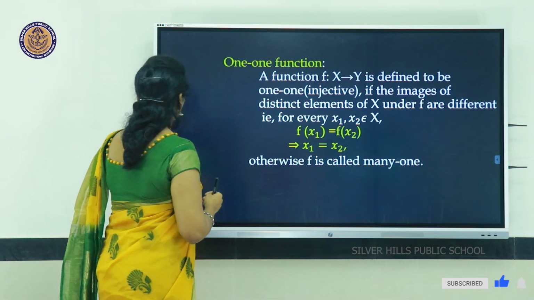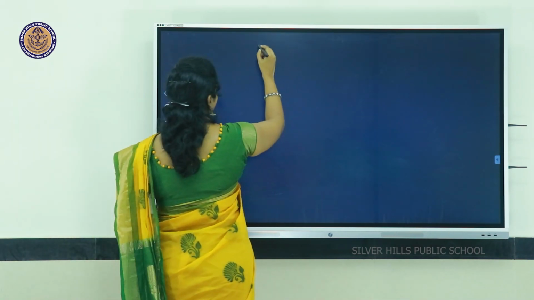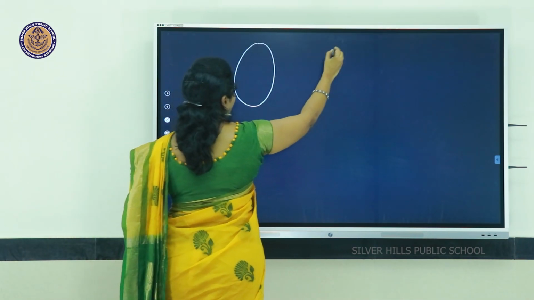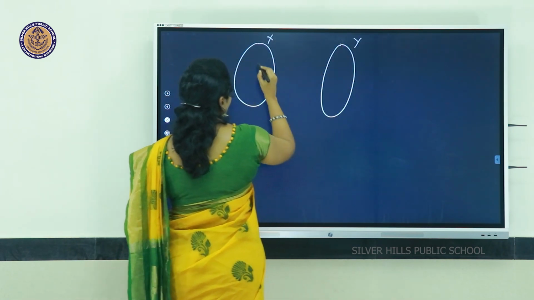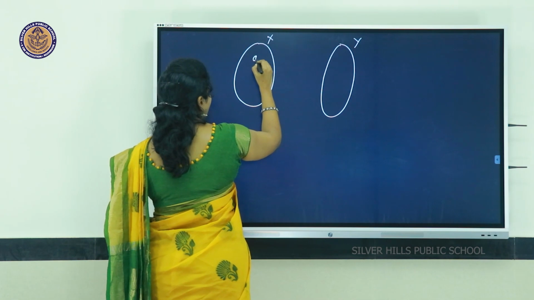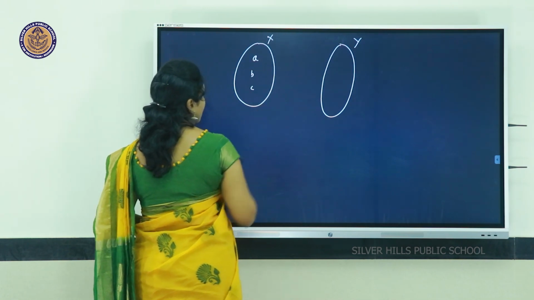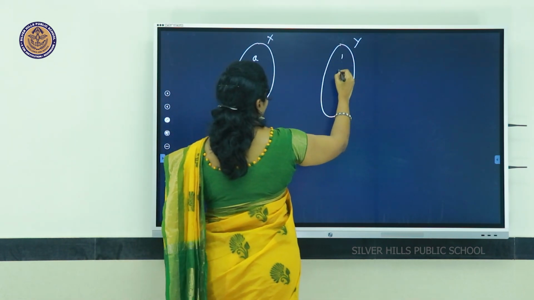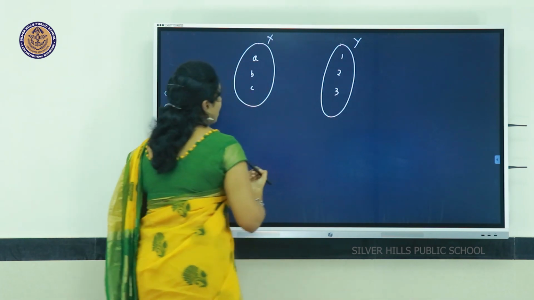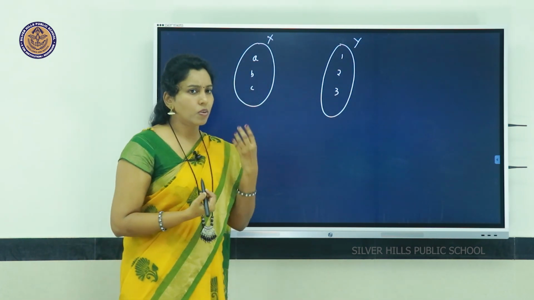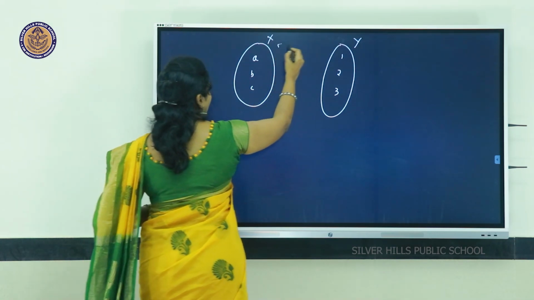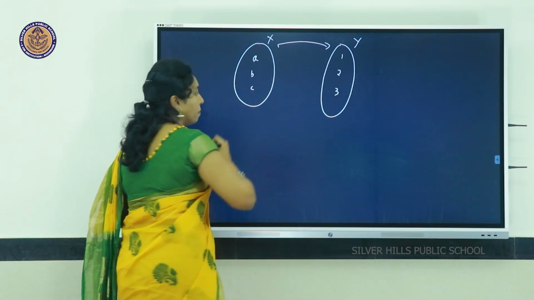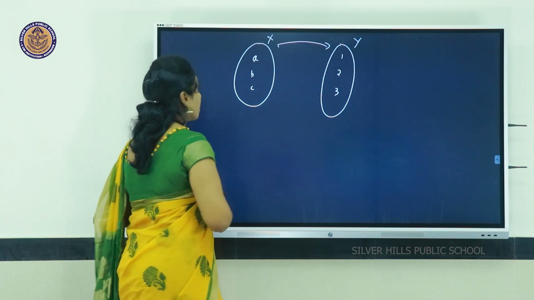So, I will just make it clear to you. Suppose I have 2 sets, x and y, and I am just listing a few members here, say A, B, C, and 1, 2, 3. Like in our definition, let x1 and x2 come from the first set. So, here I will take A and B as my x1 and x2.